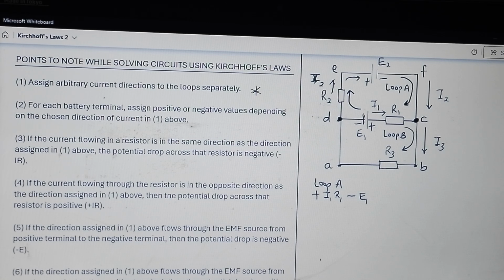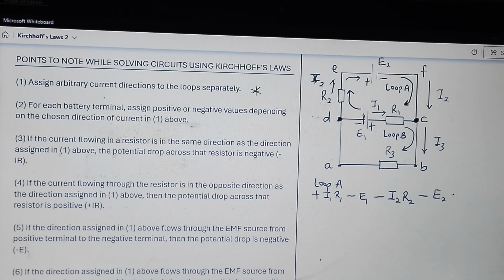So we say minus I2 R2. And of course, we move on to this point and we see that the direction is entering through the positive terminal and leaving through the negative terminal. So it becomes minus E2.